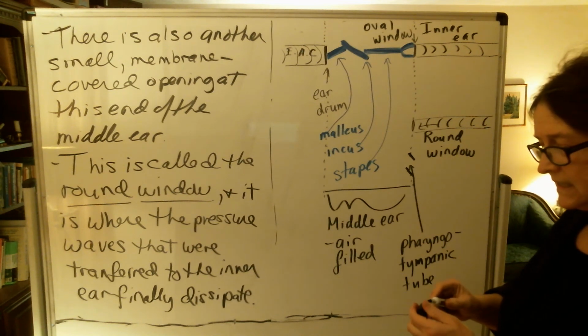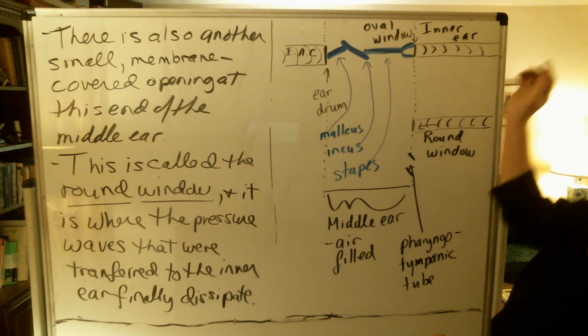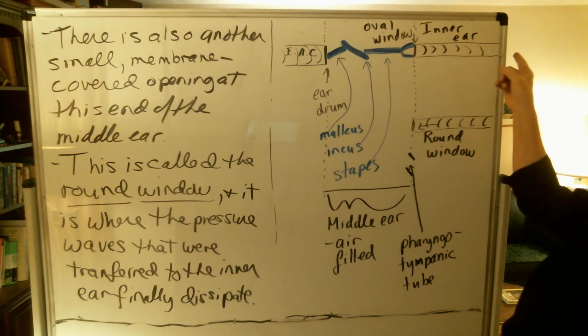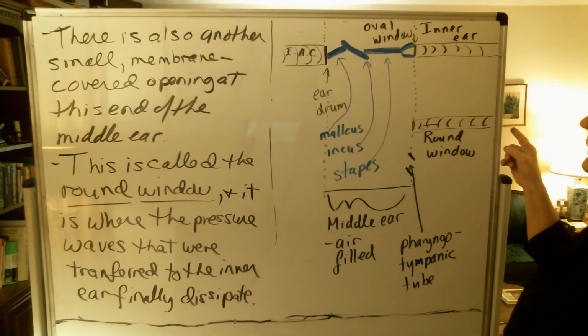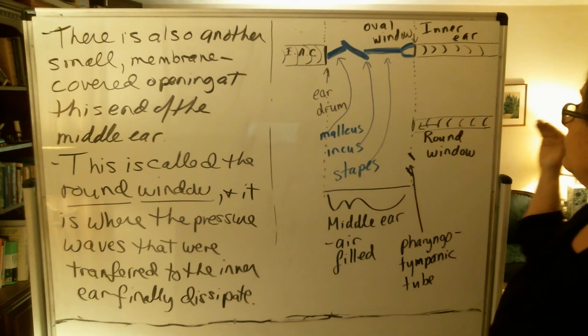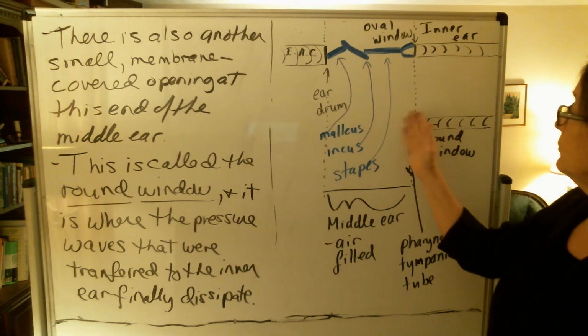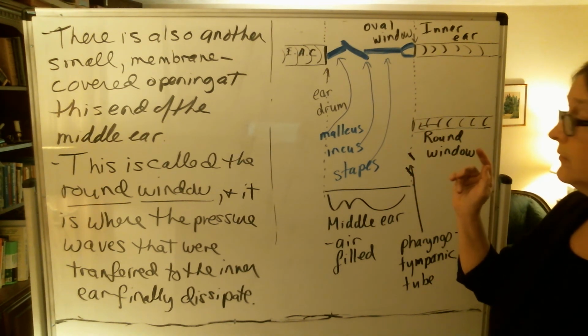And what that does is that it dissipates the signal, because you want to have a clear signal here. You want to be picking up new information here. And the only way that you can do that is by dampening out, basically getting rid of the old pressure waves. So they dissipate by just pushing against this little membrane covered opening here.